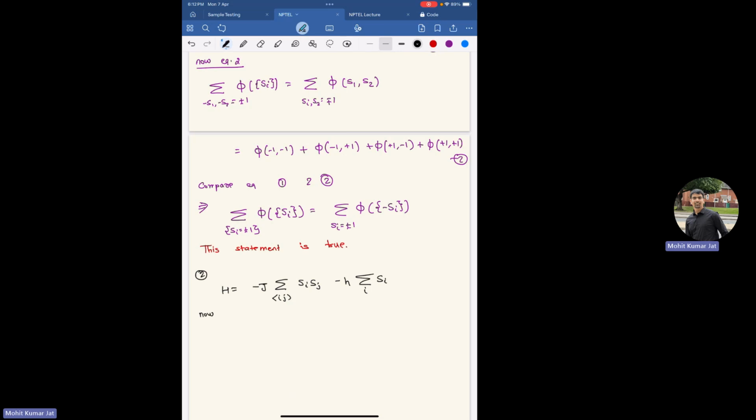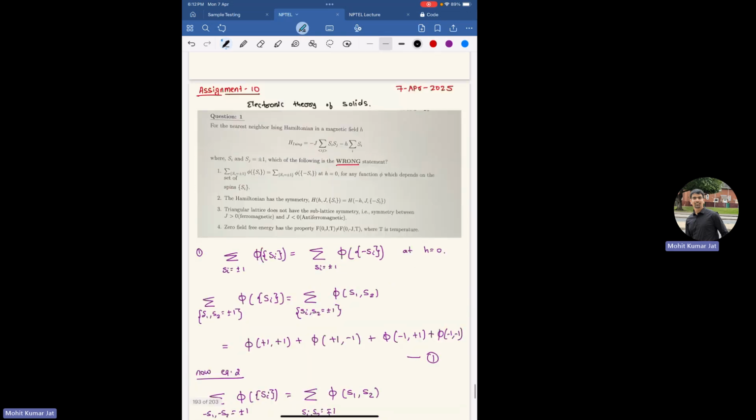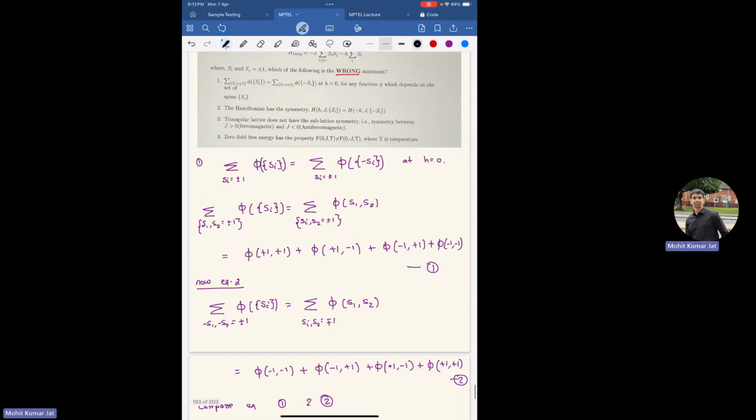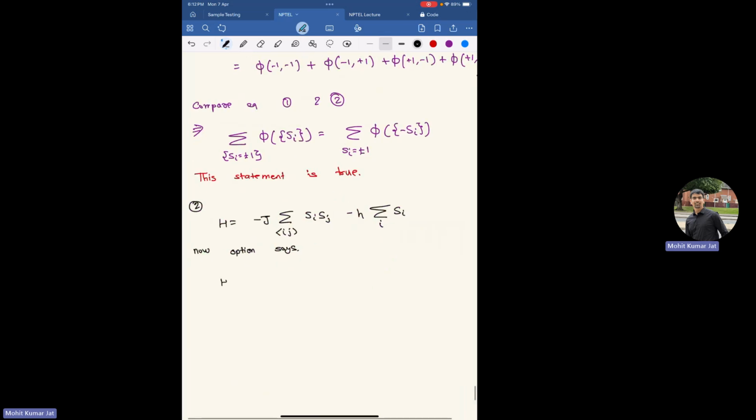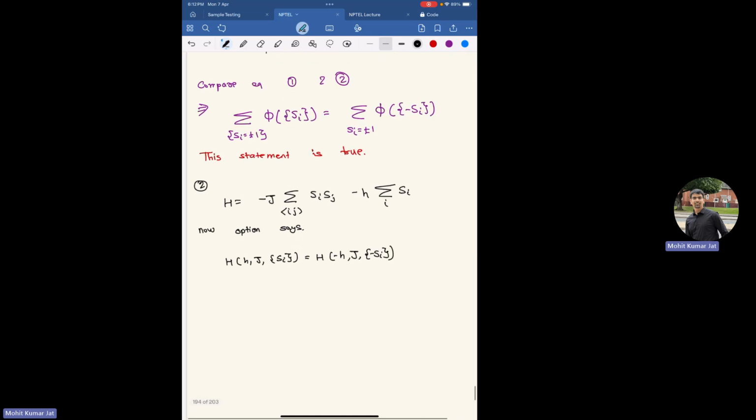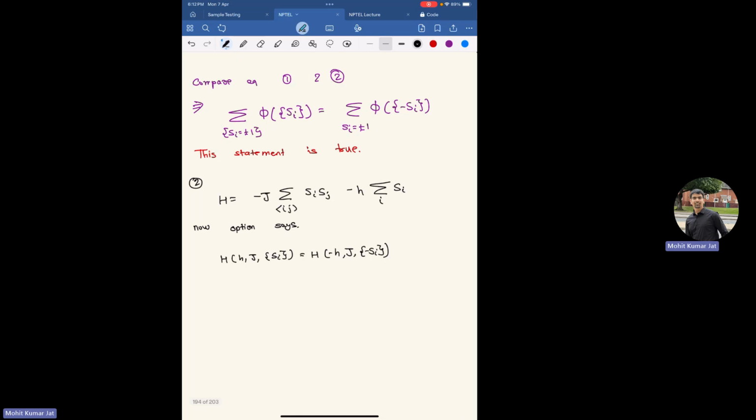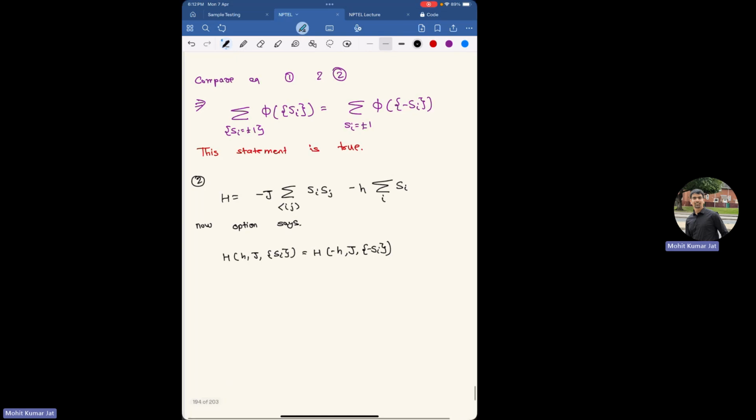Now what does the option say? It says that H is a function of small h, J and Si, is equal to H of minus h, J, minus Si.